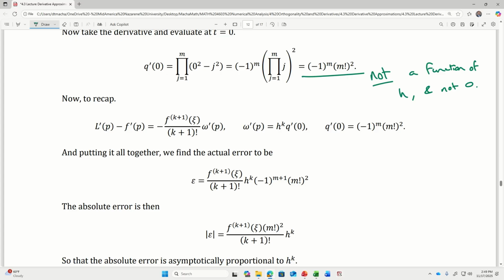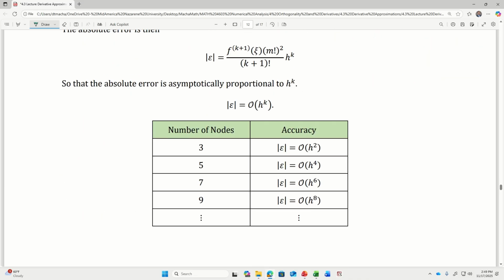And that means my error is proportional to h to the power k. And that's exactly what we're trying to find, that the absolute error should be asymptotically proportional to h to the power k. So remember the big O notation? Big O means asymptotically proportional to.